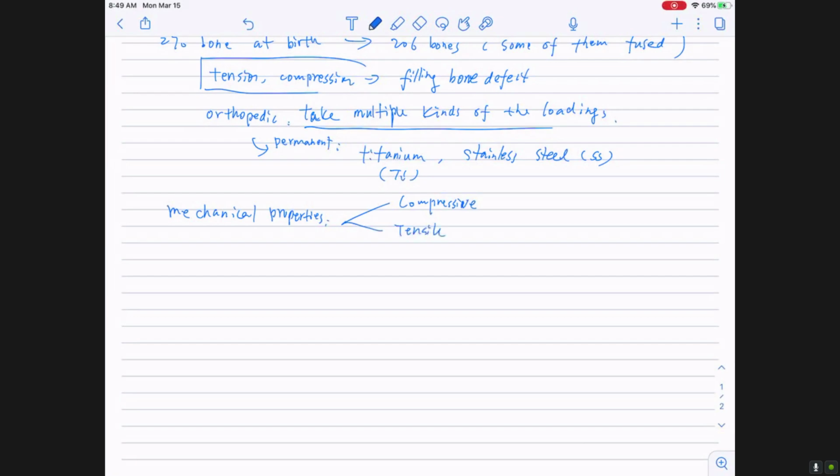If you think about the heart valve, we think about repeated loadings, and here we have the loading on the foot, right? On the ground. That's repeated.